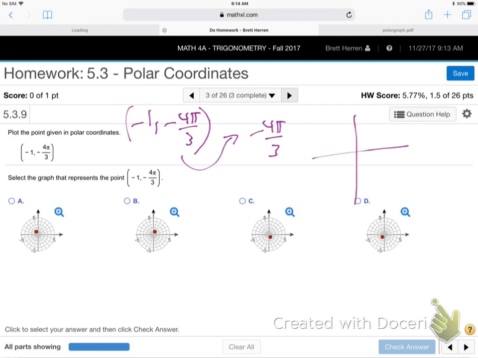Like, for example, let's just think about degrees for a minute. I want to show you it's true. If somebody says, hey, find the location of -90 degrees, y'all would be able to find that one right away. 0 degrees is to the right; 0 degrees is where we start.